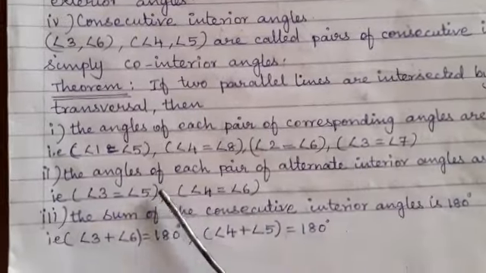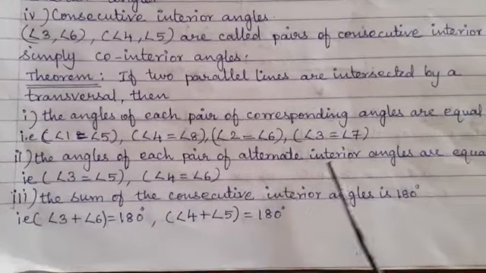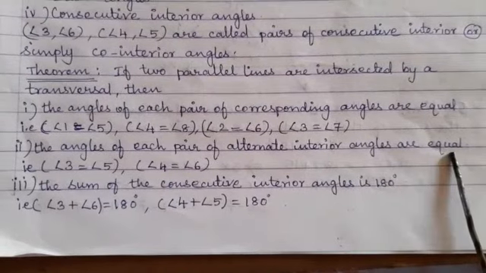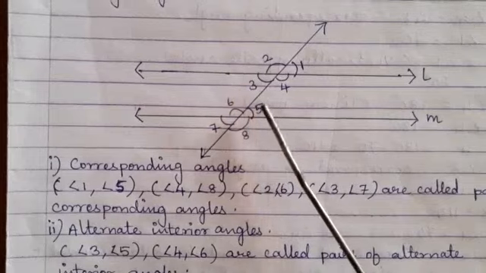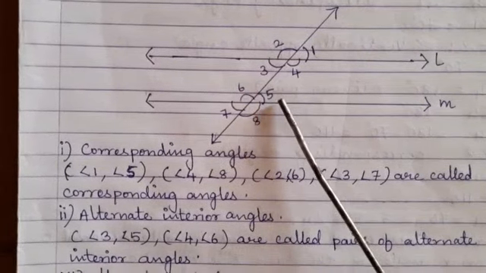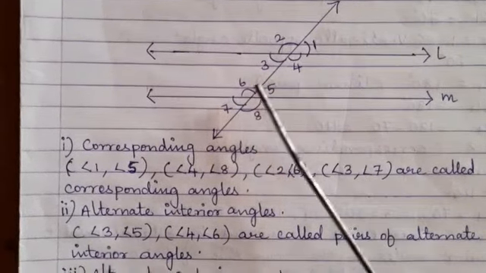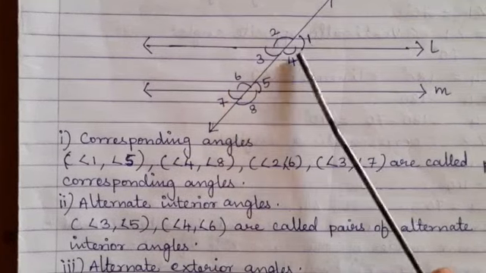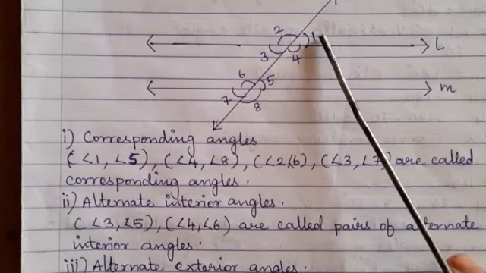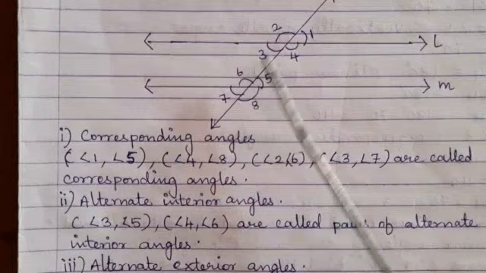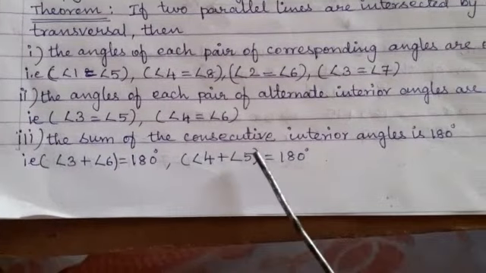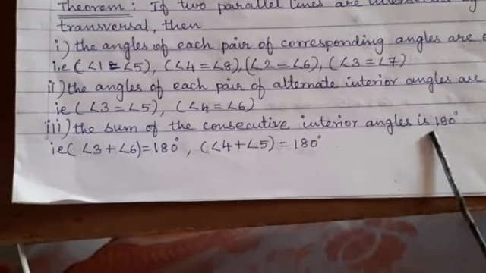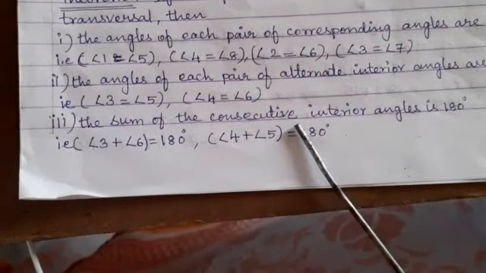Number 2, the angles of each pair of alternate interior angles are equal. Come to this figure. Angle 3 and angle 5 are opposite to each other. So angle 3 equals angle 5, angle 4 equals angle 6. In the same way, alternate exterior angles are also equal. Angle 1 equals angle 7, angle 2 equals angle 8 also. Number 3, the sum of the consecutive interior angles is 180 degrees.